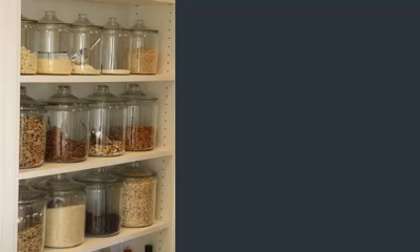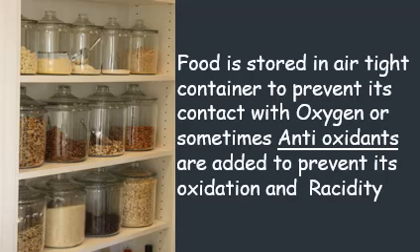Another thing is airtight jars. What do airtight jars do? Nowadays, we see people storing food items in airtight jars, and we also see that they remain fresh for a longer period. Food is stored in airtight containers to prevent its contact with oxygen.